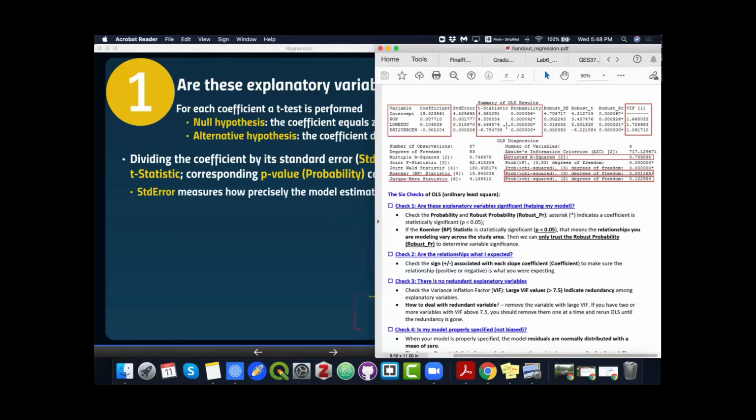And then it calculates a t-statistic. If you look at the three columns more closely, coefficient, standard error, and t-statistic, the mathematics is that the t-statistic is derived by dividing your coefficient by the standard error.